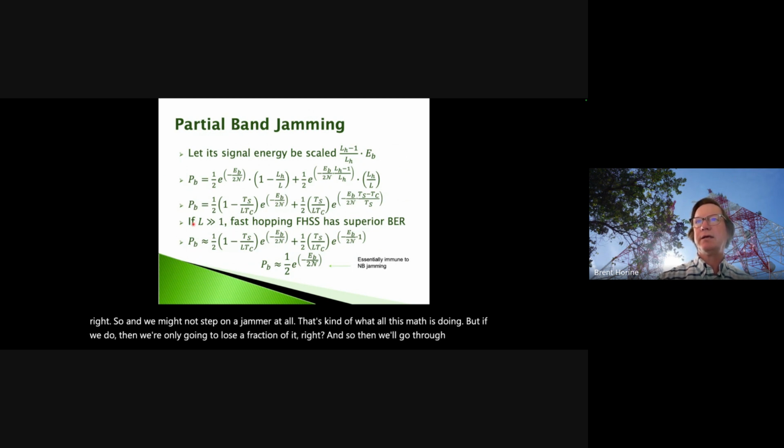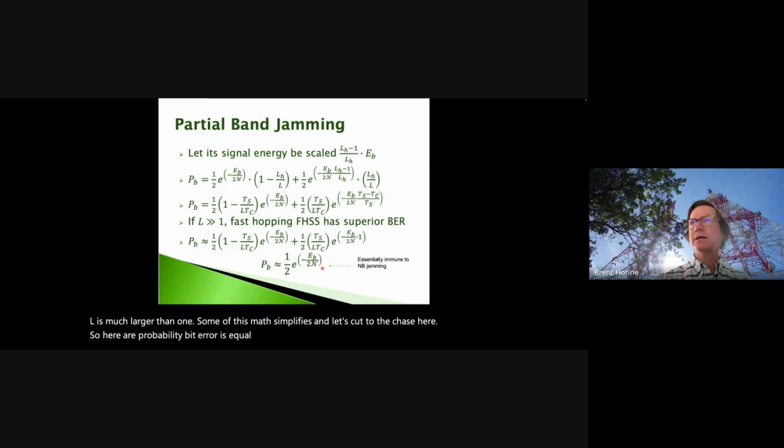If L is much larger than 1, some of this math simplifies. Let's cut to the chase: here our probability of bit error is equal to this. If you go back and look at your FSK material, it's essentially immune to narrowband jamming.